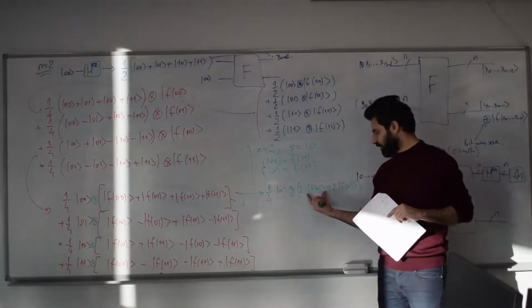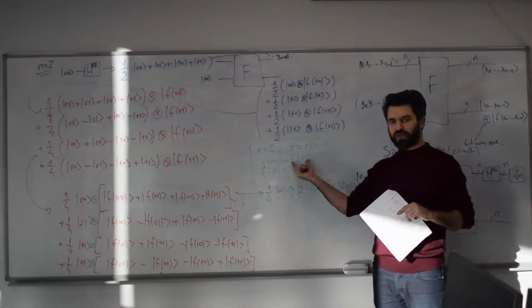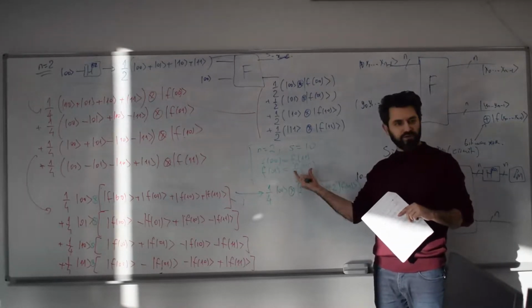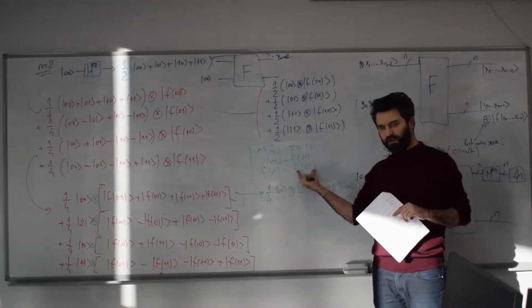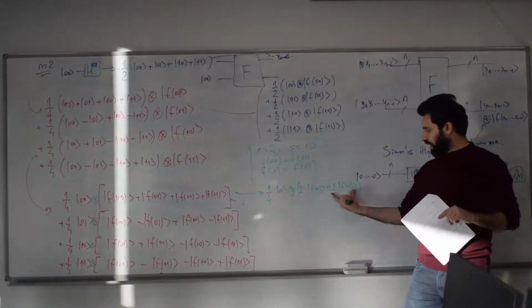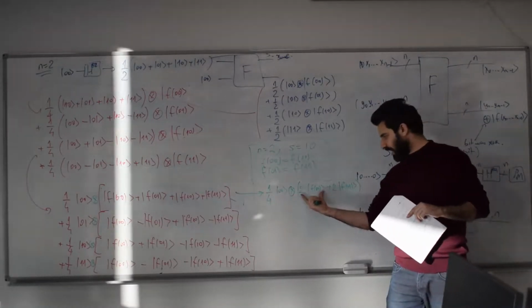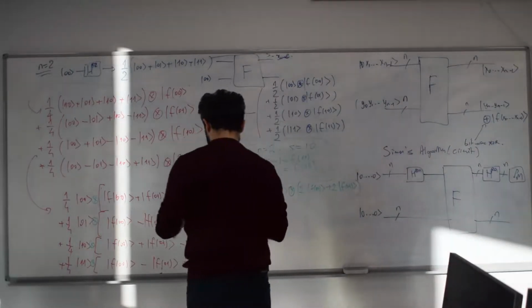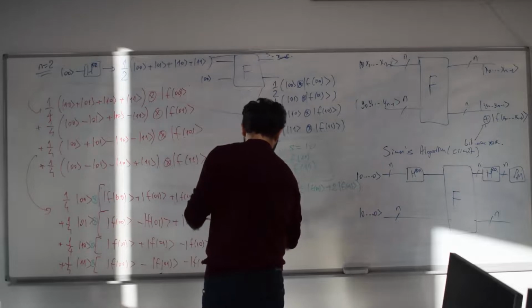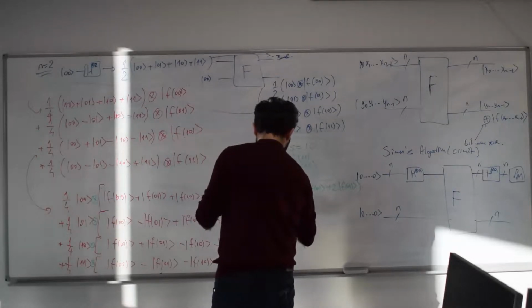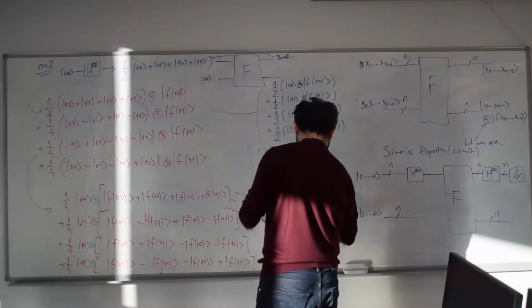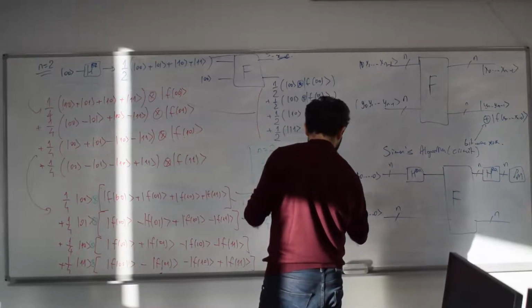Because as I said before, F00 and F10 are the same, so I use only F00. And F01 and F11 are the same, so in place of F11, I use F01. That's why I have 2 of the F01 and 2 of the F00s. Okay? And similarly, for this particular one, I can actually write 1/4 |0,1⟩, tensored with 2 F00, and minus 2 F01.